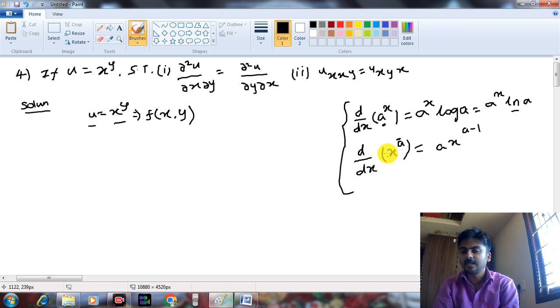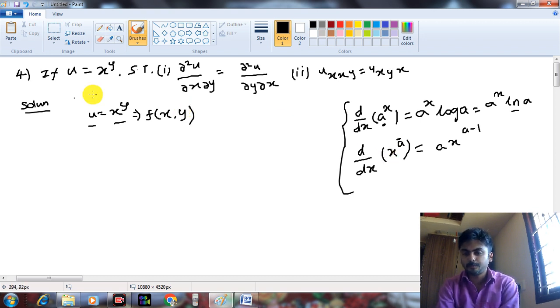Also, a function having two constants is itself a constant. For example, 2 power 3 is 8, and differentiating that constant gives 0. But x power y or y power x is very tough to solve in that format.